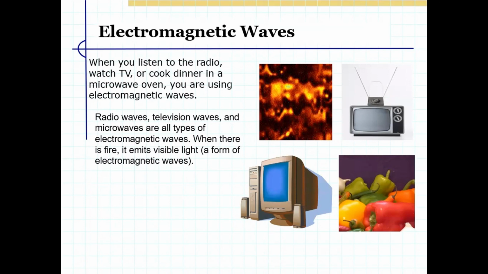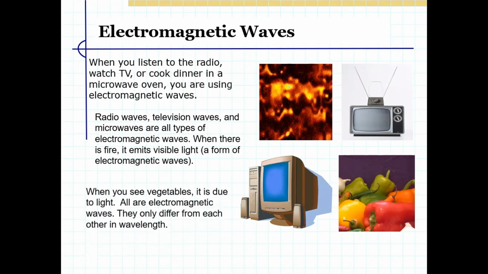When there is fire, you see visible light. Fire emits visible light, which is a form of electromagnetic waves. When you see vegetables, it is due to the reflection, that is the absorption and then emission of the visible spectrum of light from the vegetables, and all are electromagnetic waves. They only differ from each other in wavelength or frequency.